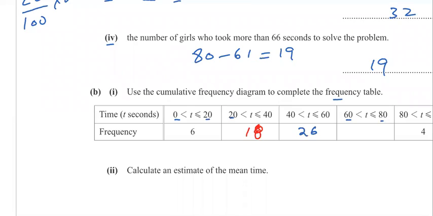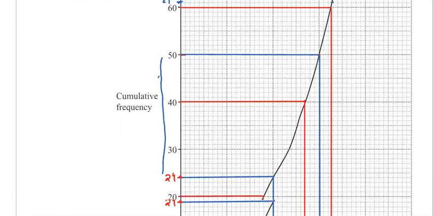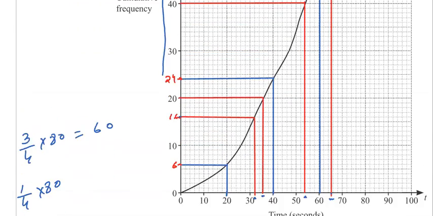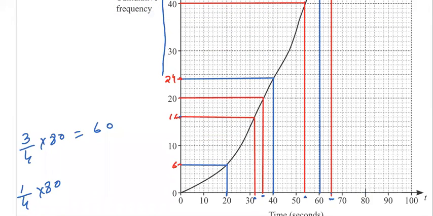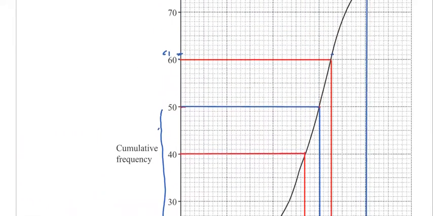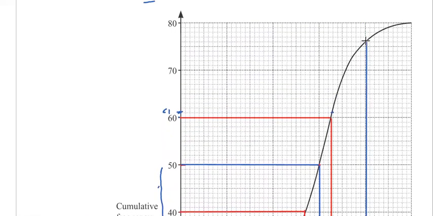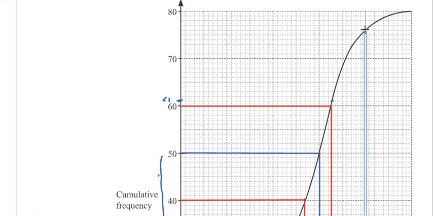Similarly from 60 to 80. We already know this is the line for 60, and I need to draw the line for 80 and check how many numbers are between them. This is for the 80. Here, and then from here, 80, 79, 78, 76, 75.